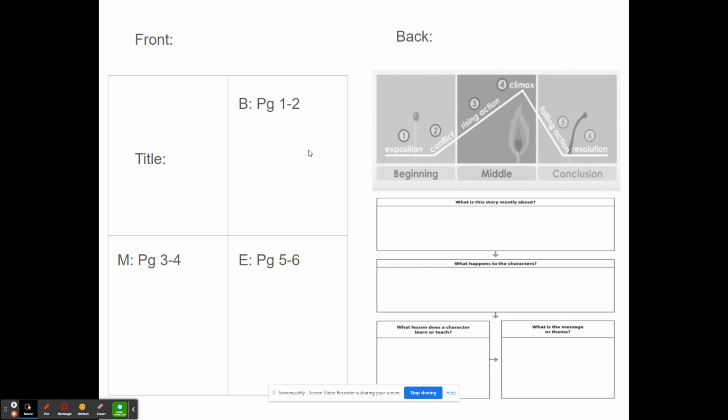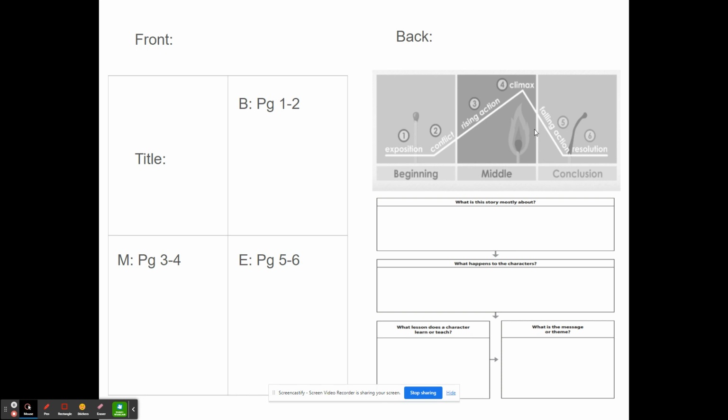Then you're going to write a quick summary about what you read, like a headline, like I've trained you. Then you'll read pages 3 through 4, and you'll write a summary about what you read. Then you'll read pages 5 through 6 and write a summary about what you read. That's the first activity that you need to do with the story.